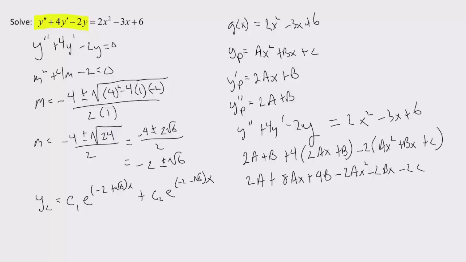And let's put this in order by degree. Lining up all the x squared, we get negative 2ax squared.